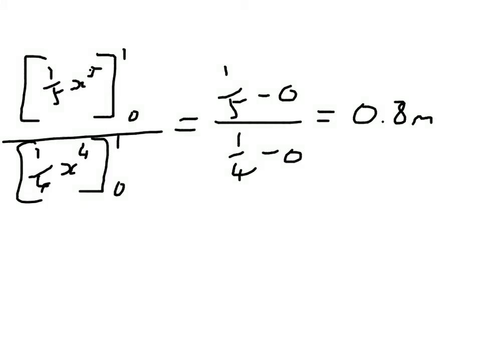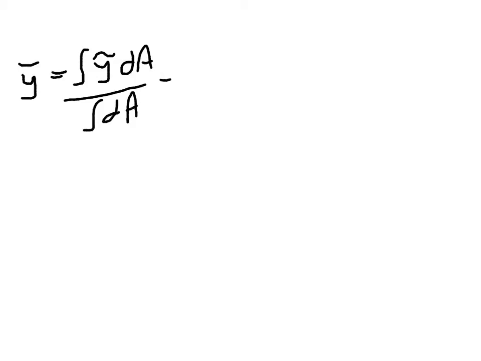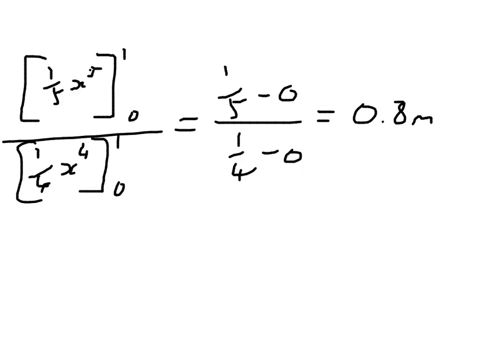So now we can go on and find our y position. So our y position, y bar, for the whole shape, is going to be the integral of y tilde dA over the integral of dA. Well, the integral of dA we already know, because we've already worked out in the previous section, is just a quarter.